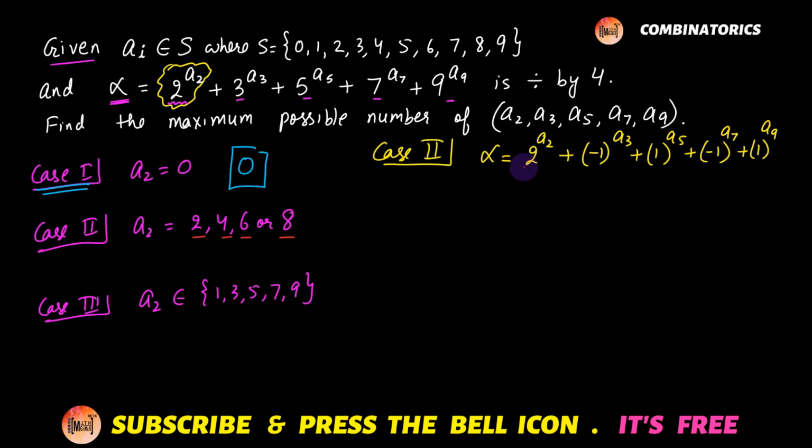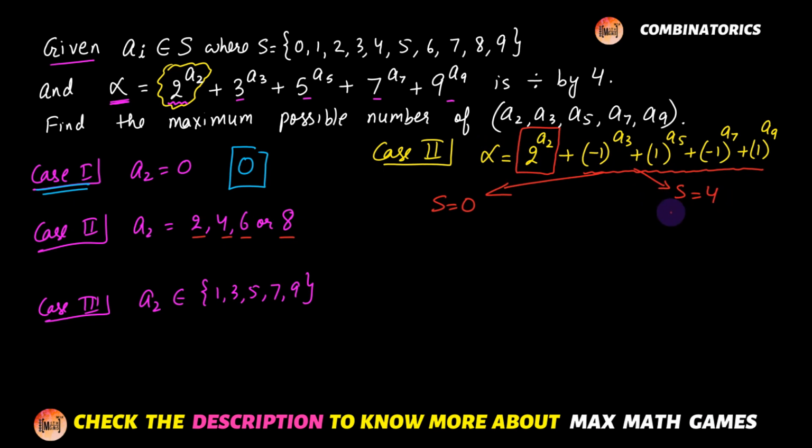Now for case number 2, 2 raised to the power A2 will always be divisible by 4, and now the only question is whether this quantity will be divisible by 4 or not. Now this quantity will either give sum equal to 0 for alpha to be divisible by 4, or it will give sum equal to 4.